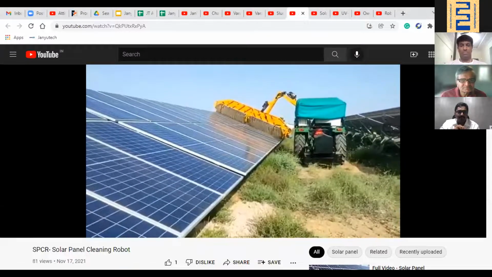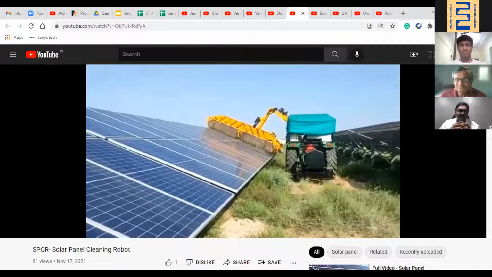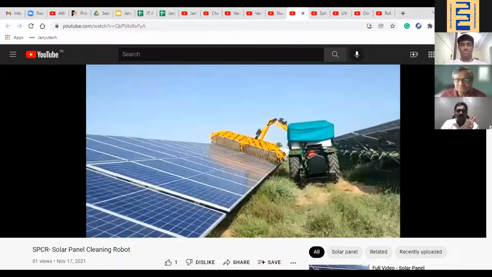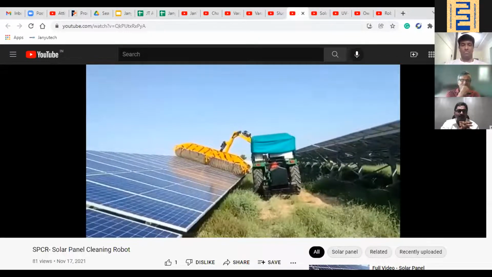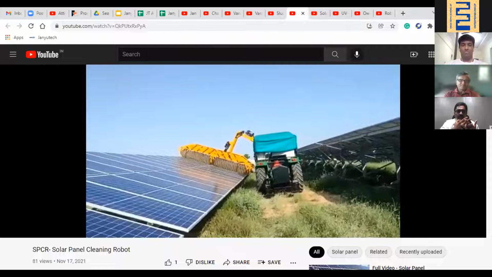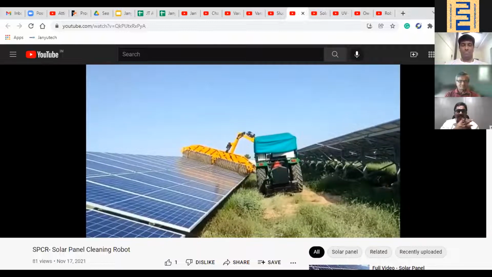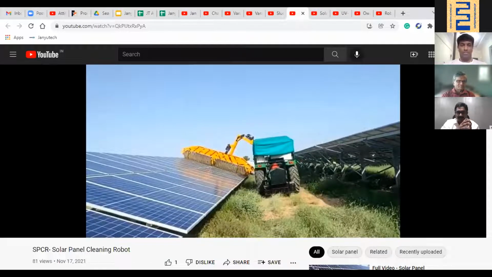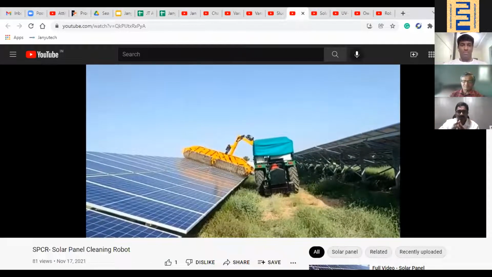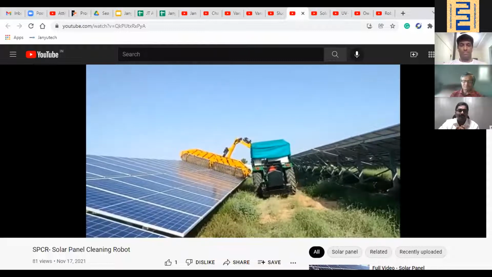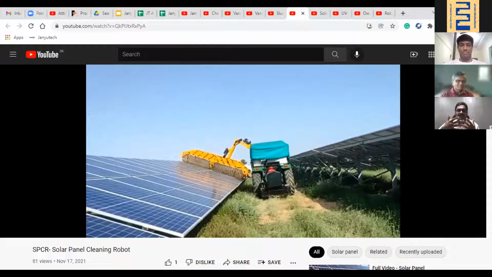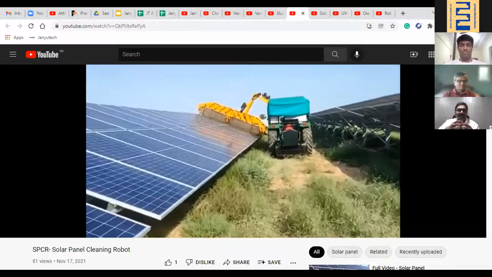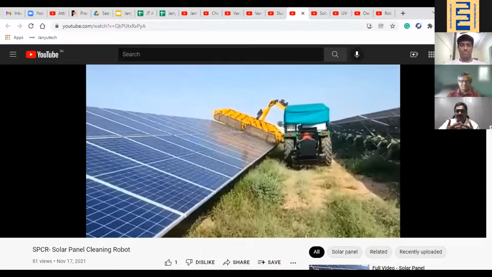If we just type solar panel robot in YouTube, we get systems that are module mounted or panel mounted, one machine per row. But that works well for rooftop solar. But when we talk about large farms, say 100 megawatt or 150 megawatt, where 100 megawatt is a unit of plant for the larger players who own several gigawatts of installation, installing 600 to 1000 machines for one 100 megawatt plant, and then maintaining it, becomes a big fuss.